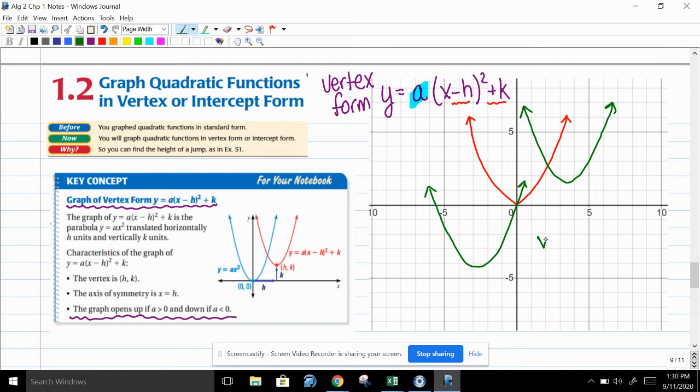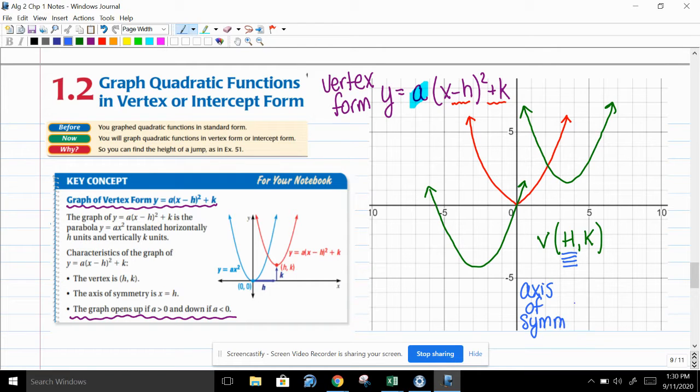The vertex of these graphs is going to be whatever number lands in the h position, comma, whatever number lands in the k position. So the vertex, guys, is going to be really easy to find. Since we know that the vertex is what creates the axis of symmetry, our axis of symmetry is going to be the x coordinate of the vertex, which doesn't change.